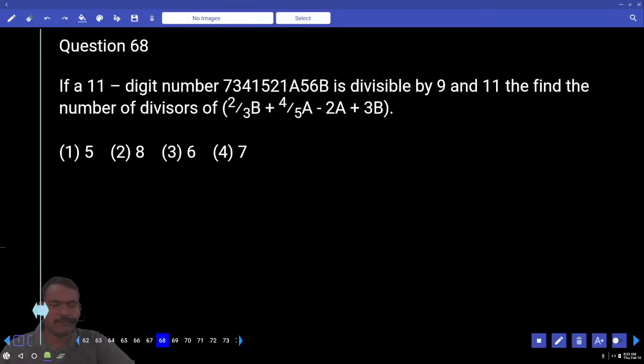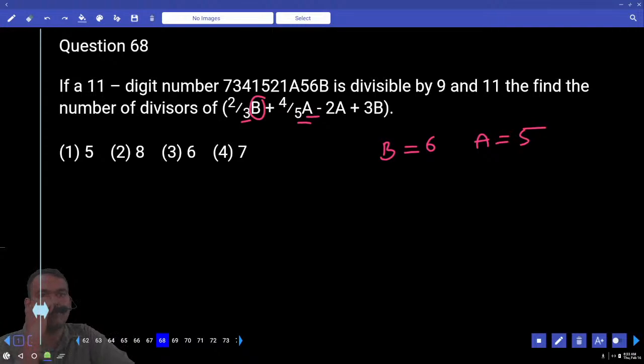Find the number of divisors of 2/3 of B and 4/5 of A. 2/3 of B means B must be divisible by 3. A must be divisible by 5. Suppose I consider the B value 6 and the A value 5.